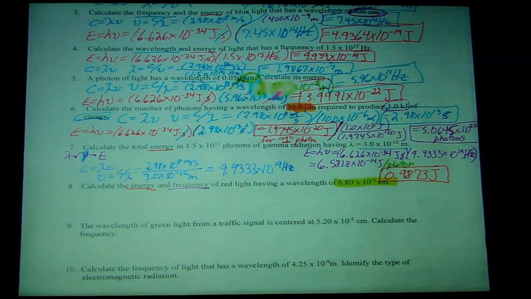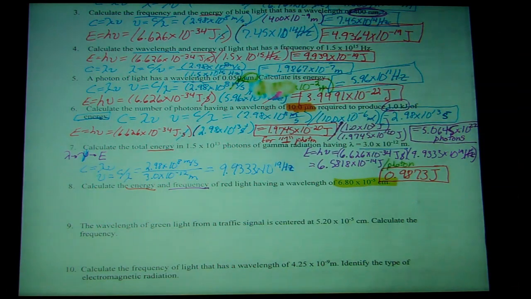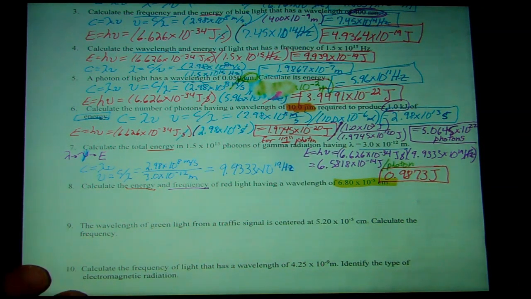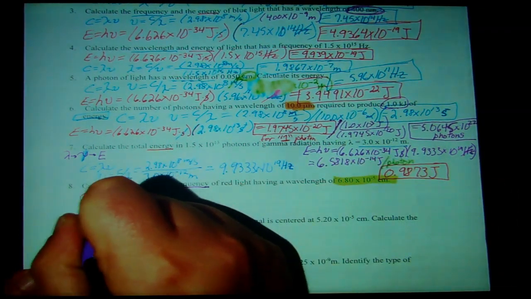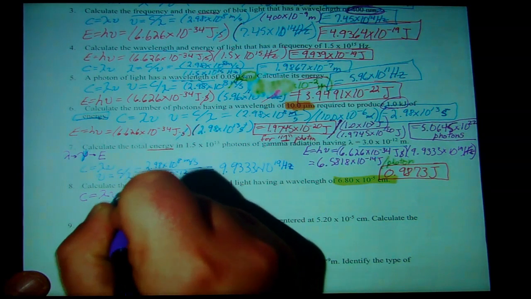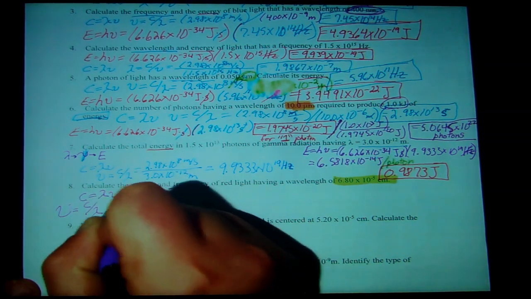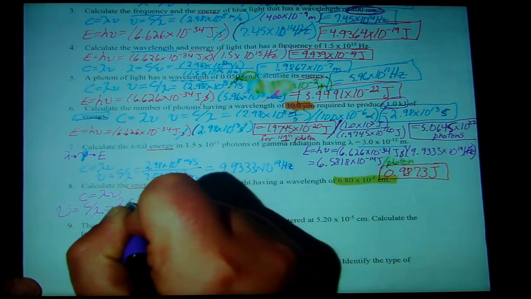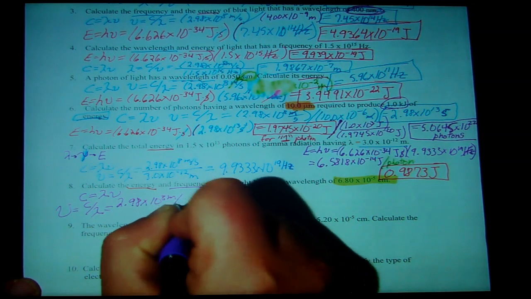That's in centimeters. You can't just use centimeters. You're going to have to convert that, okay? I'm not going to work through that conversion. You guys should be able to do that now. So I got to find frequency first. Speed of light equals wavelength times frequency, so frequency is equal to speed of light divided by wavelength. Speed of light is 2.98 times 10 to the 8 meters per second.